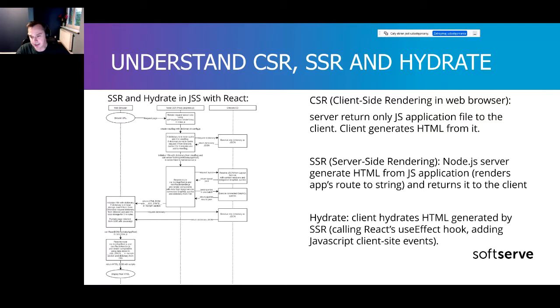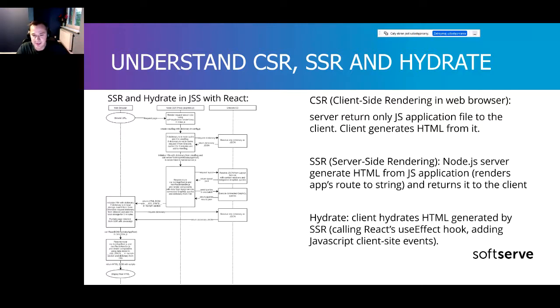In our case, we just use the code which is published by Sitecore on GitHub for JSS. There is an example of how to set up such a server with Express.js. Basically the server generates the HTML from the JavaScript application, renders this application to a string, and returns the string to the client.